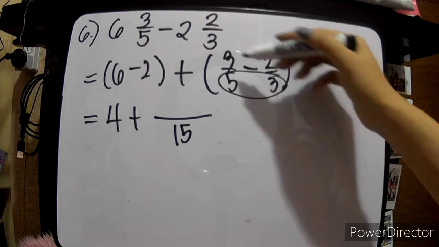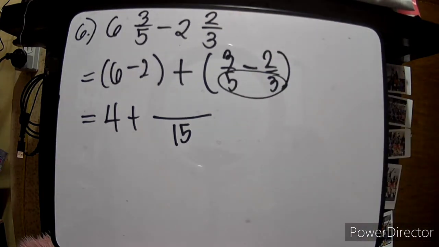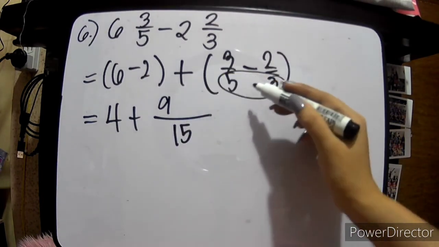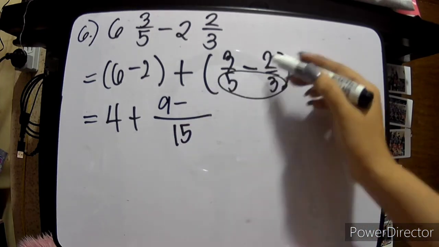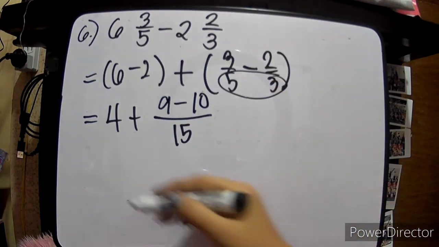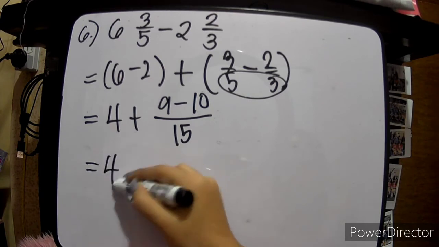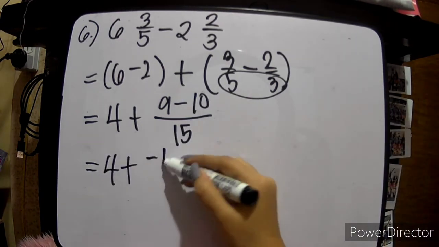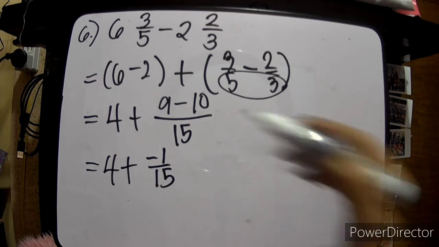So, ito times ko na. Parang magko-cross multiplication ako. So, 3 times 3, that's 9. And then, minus 5 times 2, that's 10. Okay, so we have 4 plus, yung 9 minus 10 natin is negative 1 over 15.